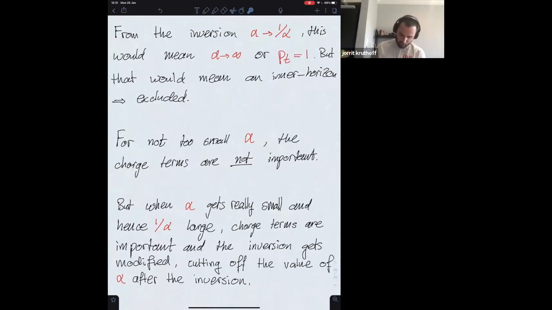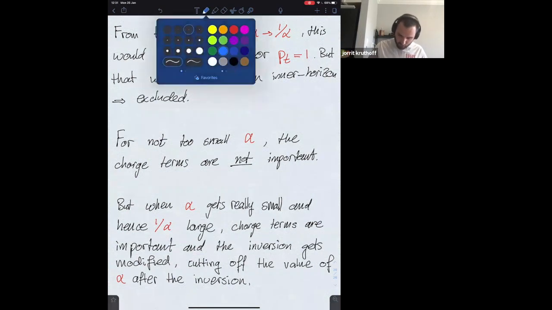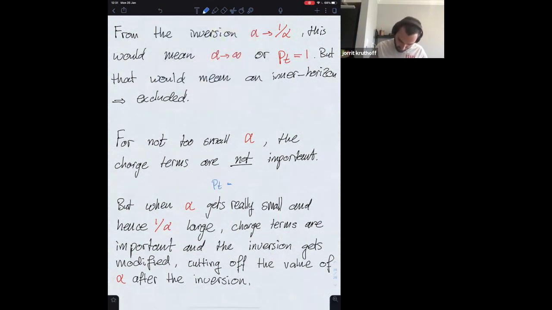I'm using alpha and PT interchangeably. Let me put it in blue here. PT was alpha squared minus 1 over 3 plus alpha squared. So when alpha gets really, really small, and hence 1 over alpha is very large, the inversion is basically alpha to 1 over alpha.